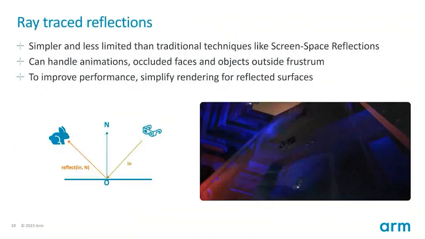And with that, we have all the ingredients for reflections and refractions. Similar to shadows, here I'm showing a simple diagram for what we need for reflections. We already have an incoming direction towards the mirror. This is obtained from the pixel that we are rendering and the camera position.